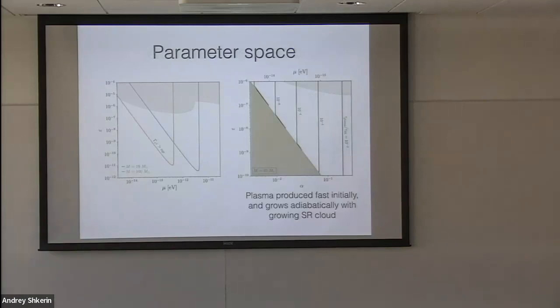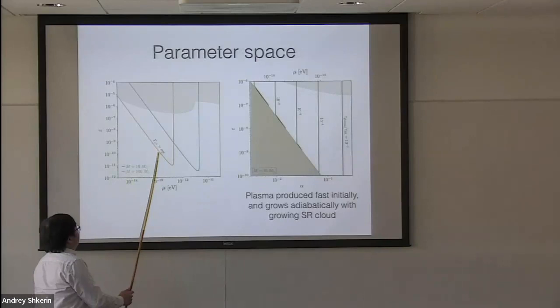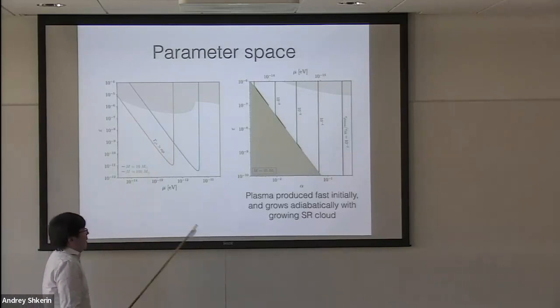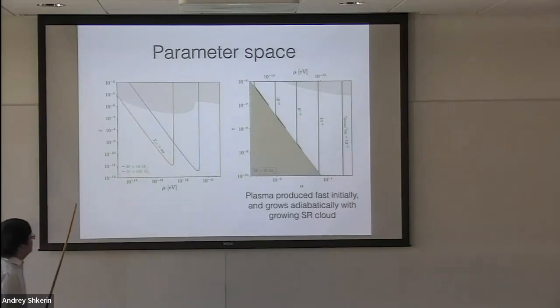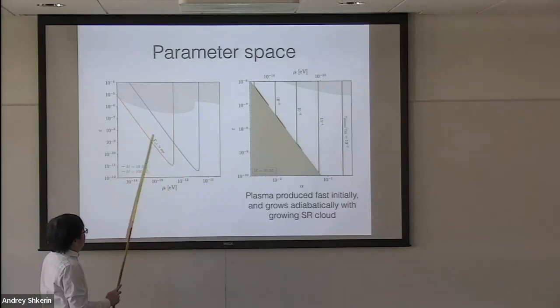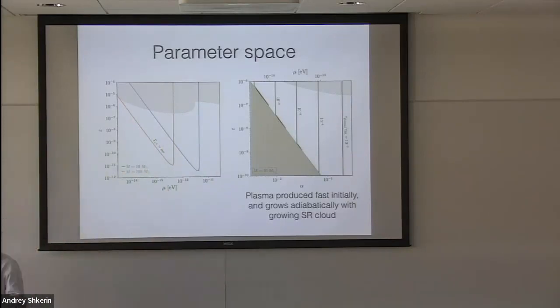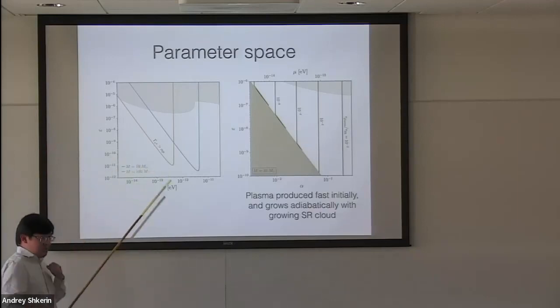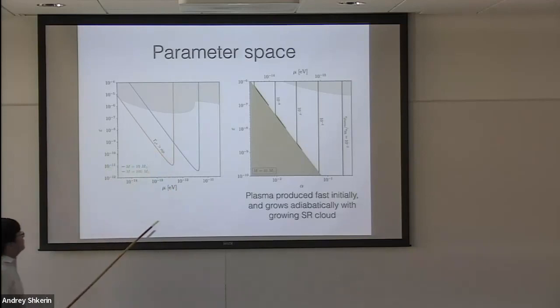Okay, so here are 2 plots which show you how fast this process happens, in 2 different cases. Here the curve shows the boundary where the pair production rate is faster than the time it takes for this electron to exit the superradiance cloud, which has the size of 1/mu.